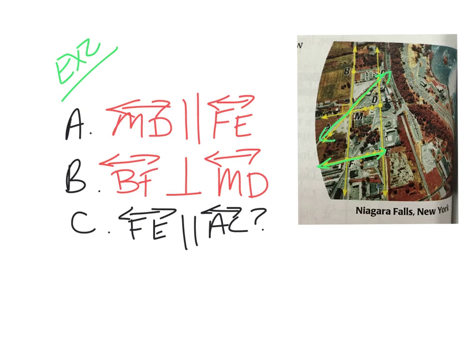Are those parallel? No. If it asks you to explain, you could say they intersect, because they would eventually. And parallel lines cannot have intersecting lines. Any questions on that?